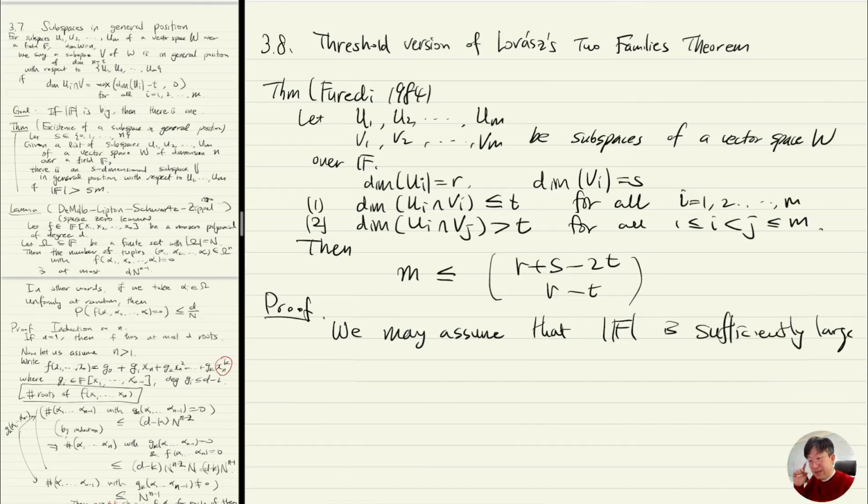Just by taking an extension field, I can assume the field is as big as I want, and it doesn't change the problem, right? Because the bound that we are obtaining is independent of the size of the field. The upper bound m is at most (r plus s minus 2t choose r minus t). This is independent of the size of the field.